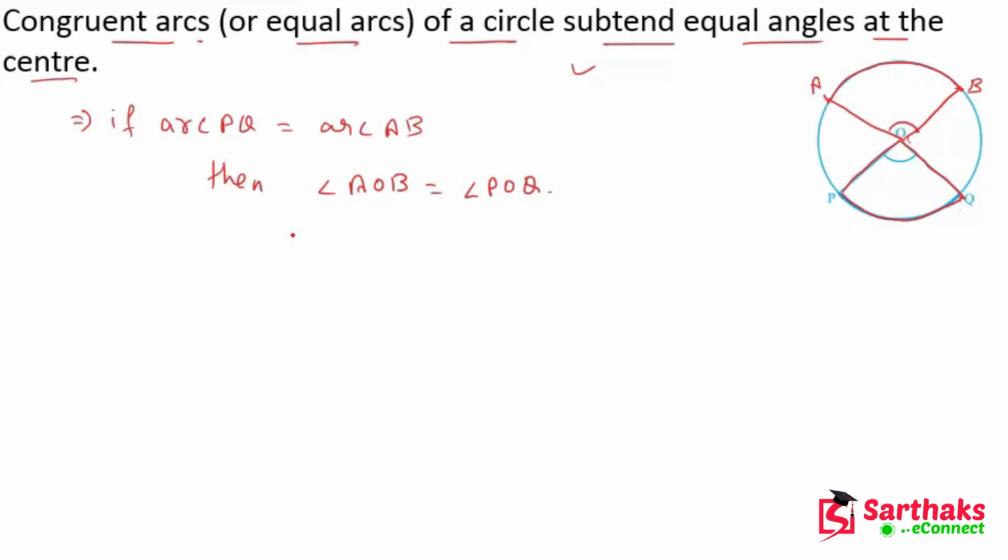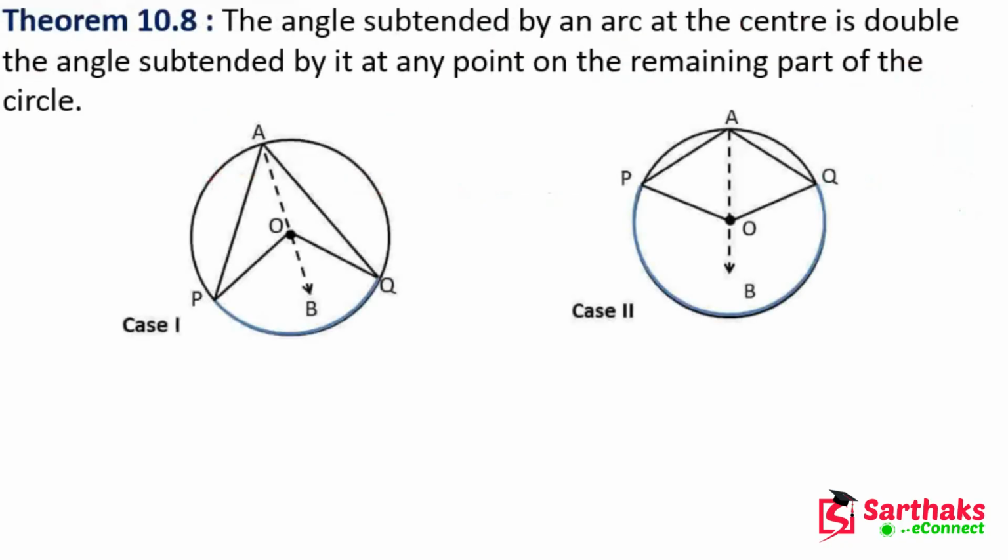My dear friends, I hope you understand these things. Now if these arcs are equal, then these chords AB and PQ are also equal, and we know that if two chords are equal, then they make equal angles at the center. It means equal chords subtend equal angles at the center.